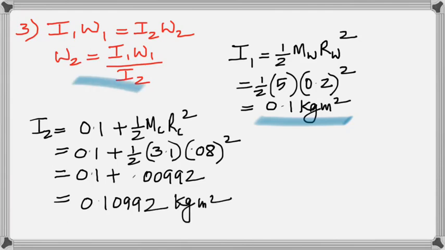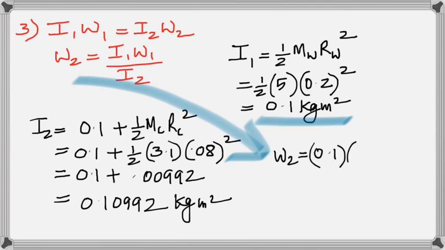That is the new moment of inertia. What next? I1 omega 1 is equal to I2 omega 2. So next what you do is, to find omega 2, I've already written I1 omega on top, so I just have to plug in the numbers. 0.1 times 1.5 times 2 pi. This time I put the 2 pi also, although it will get cancelled.